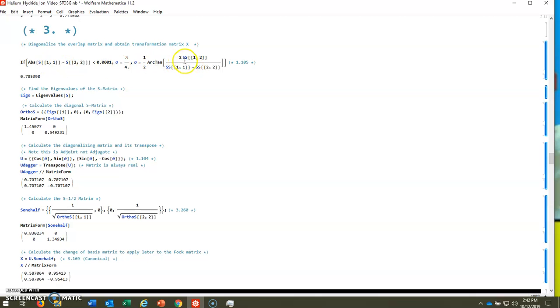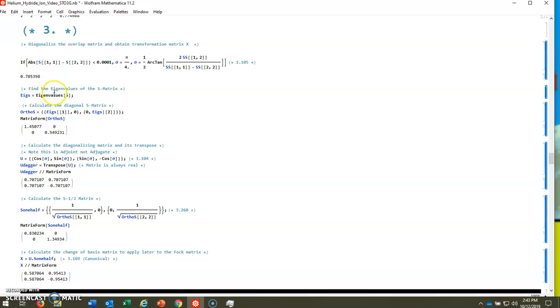Then instead of having the computer deal with the arctangent of something over 0 or the arctangent of infinity, we'll just set that equal to pi over 4. That will solve the problem. So we'll take pi over 2 divided by half, get pi over 4 if that happens to be true. So that gives us our rotation angle.